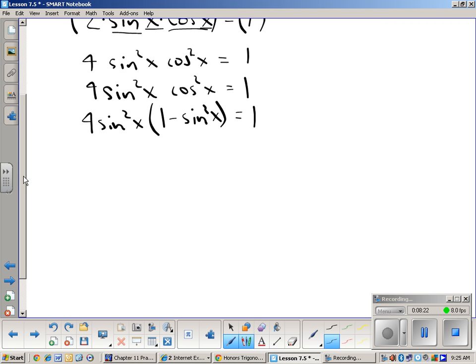And so when I do this, I'm now going to distribute. And so I get 4 sine squared x minus 4 sine what? 4x. Sine 4th x, yep. The 4th power of x. Okay?